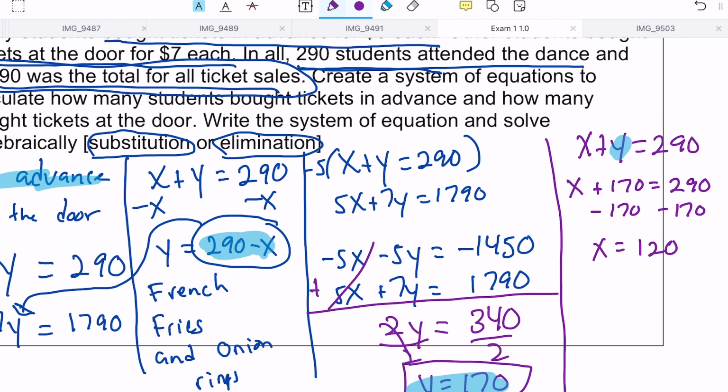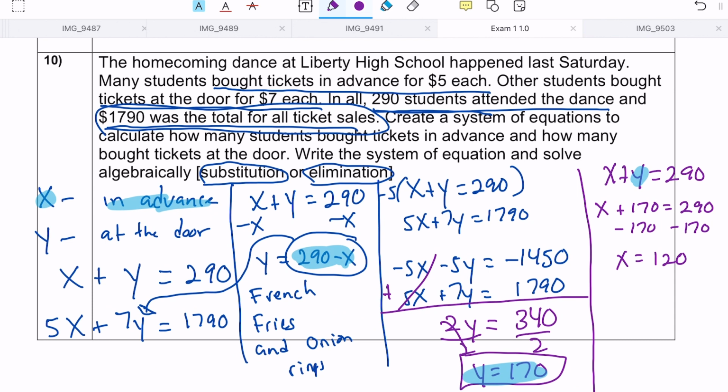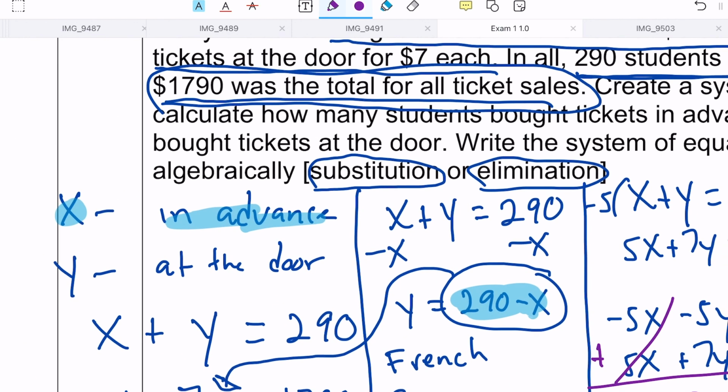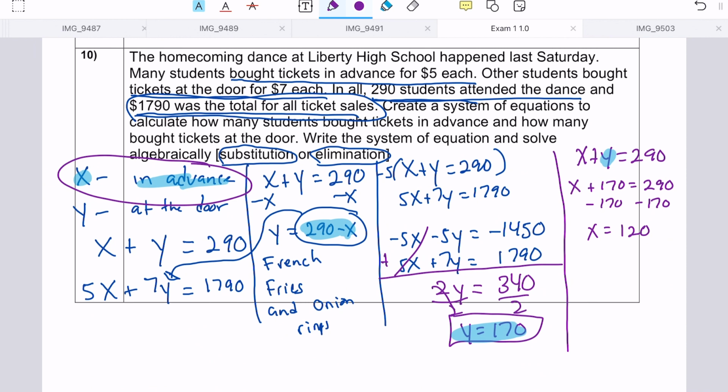So I can say, so how many students bought tickets in advance? Notice that X represents those who bought in advance. So 120 students bought tickets in advance.